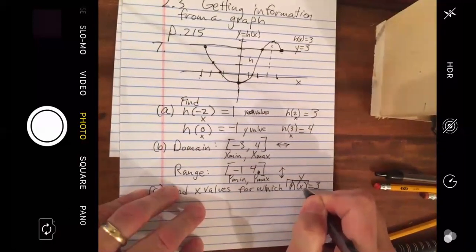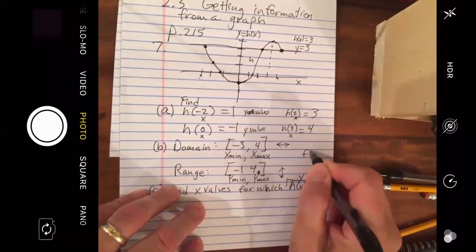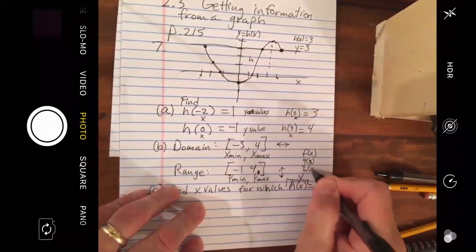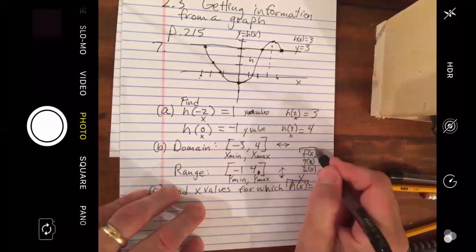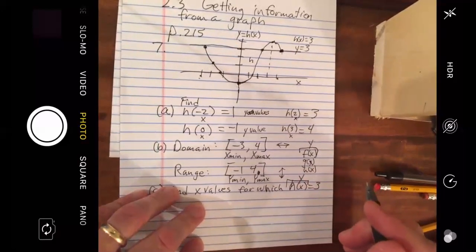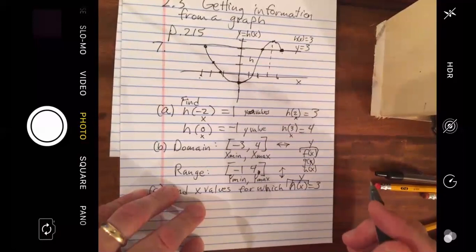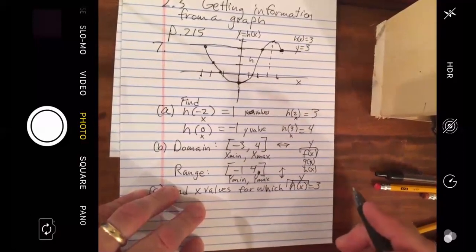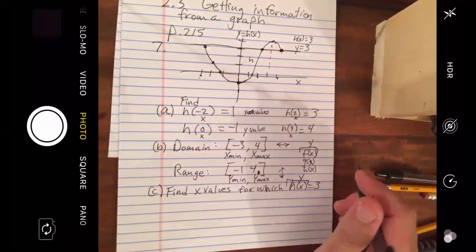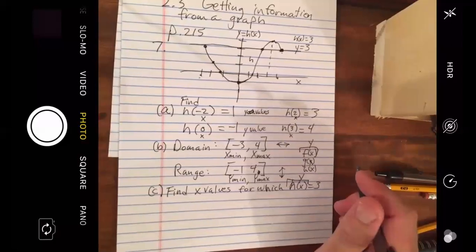If you ever see a function notation, f of x, g of x, h of x, you can replace these with y, always. That makes sense, because in part A, the values 1, -1, 3, 4 equal y. So you said those were y values. Right. Okay. Thank you.